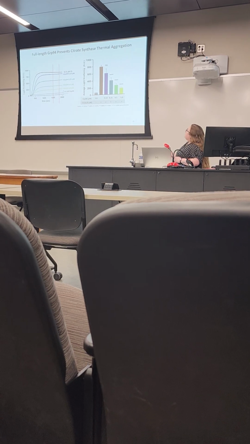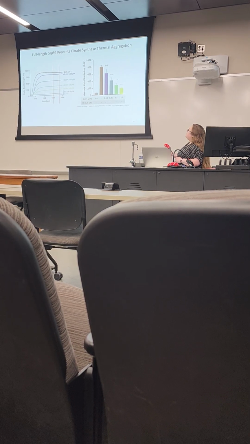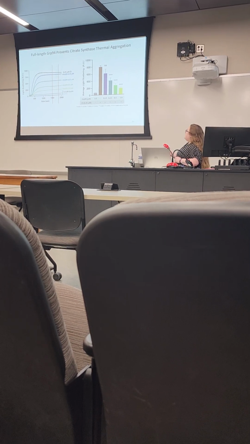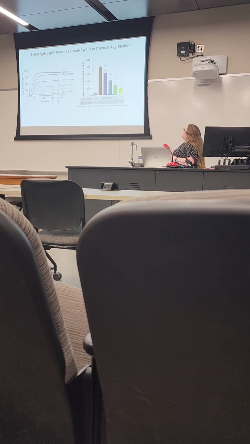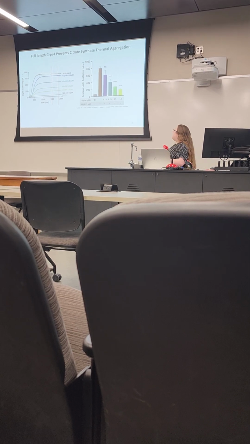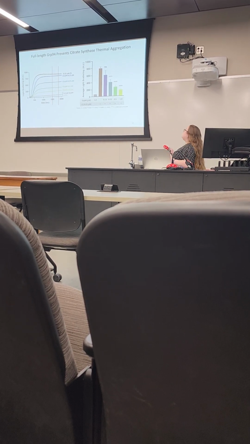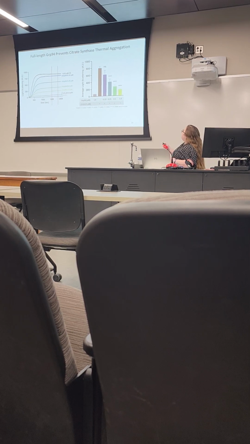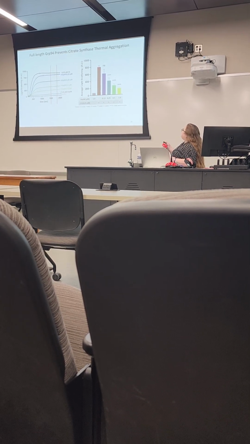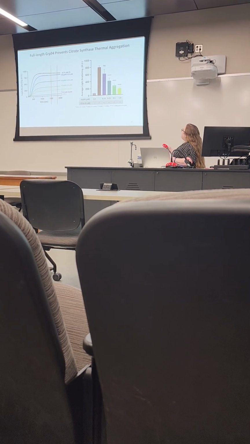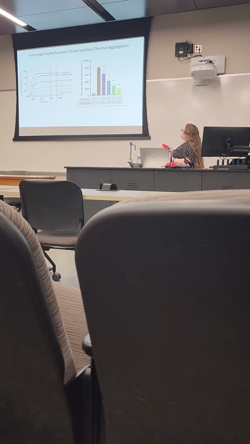Moving forward, we took the average of the time points between 1500 and 1800 seconds on our time trace graph to create the bar graph that represents the average aggregation seen at each concentration of GRP94 compared to citrate synthase alone. So looking here, we have our black bar, which again is citrate synthase alone, compared to the average aggregation at each GRP94 concentration tested.